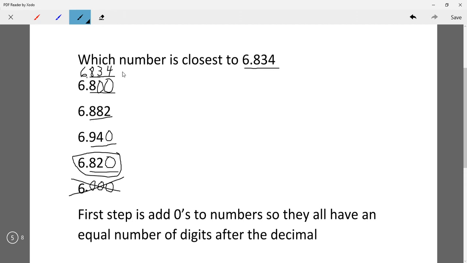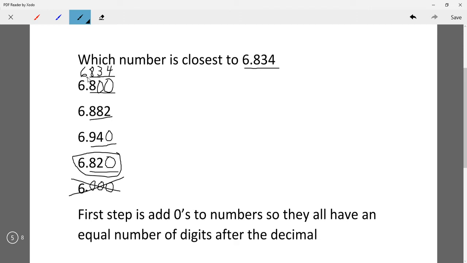But one thing I just wanted to mention is it doesn't matter that there's a decimal here as long as the decimals are all lined up, and after the decimal there is an equal number of places, and we do that by adding zeros to any that you need to add zeros to.